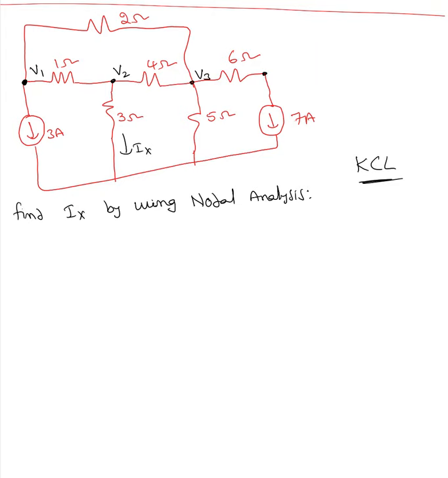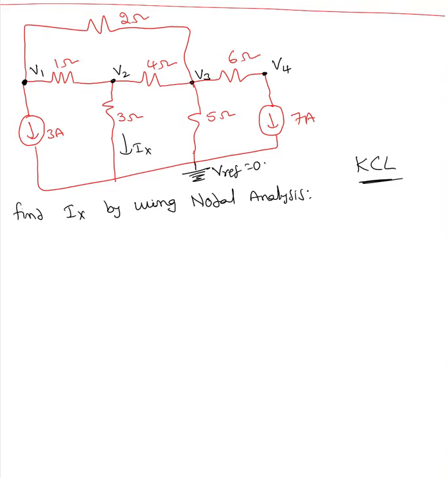You can label it, but it's not going to make any difference. I'm going to label it V4 for the time being, and the bottom one as V reference, which I'm going to label as 0. Bottom is the reference node 0. So that's our step 1.